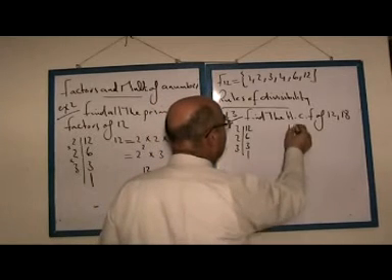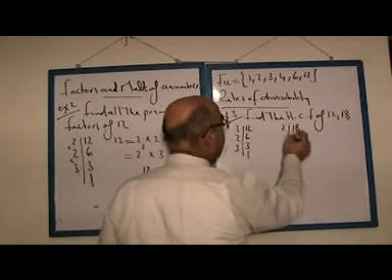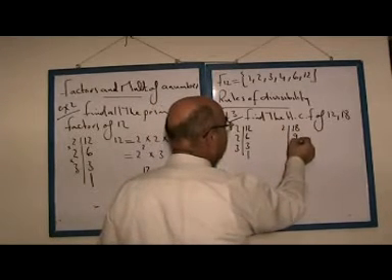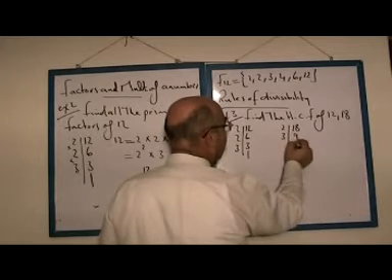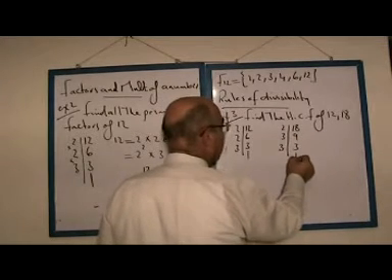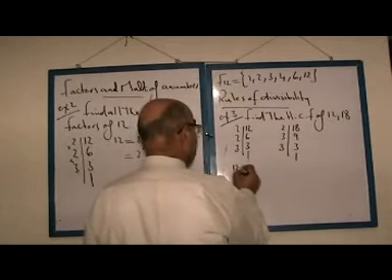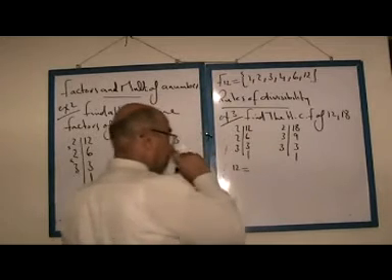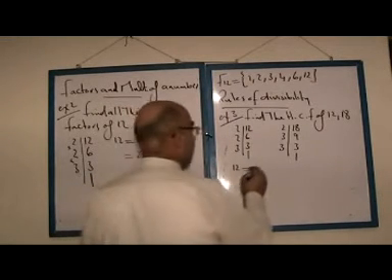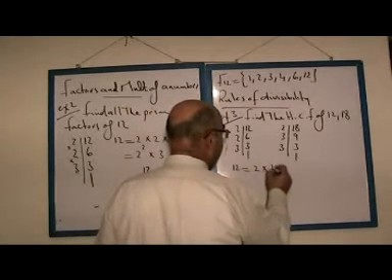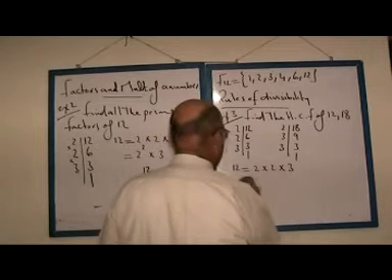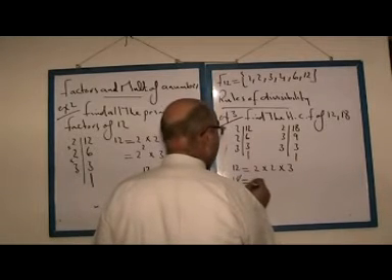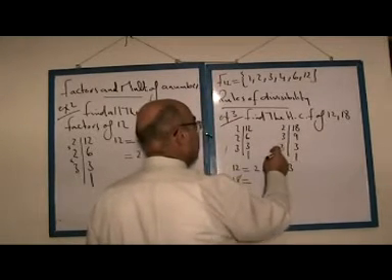As for number 18, it will be by 2, this will be what? 9, by 3 is 3, by 3 is 1. So if I express 12 as the product of its prime factors, 12 is equivalent to 2 times 2 times 3. Is that right? As for 18, it's equivalent to 2 times 3 times 3.